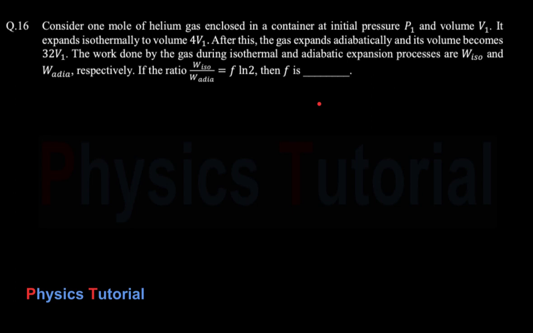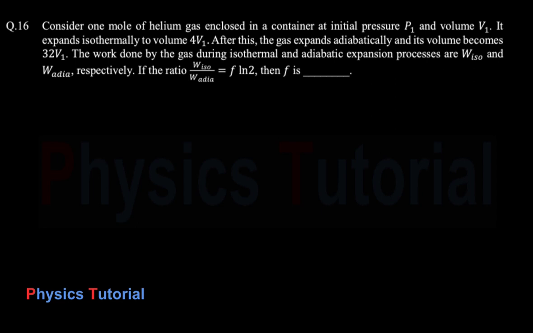So what will be the strategy over here? As you know, this is the isothermal process, and after that there is adiabatic. So there is a combined situation. For adiabatic you have to account for the work done, and for isothermal also you have to account for the work done. For adiabatic, you have to find the temperature, because the formula for adiabatic work is nR (T1 minus T2) upon gamma minus 1.